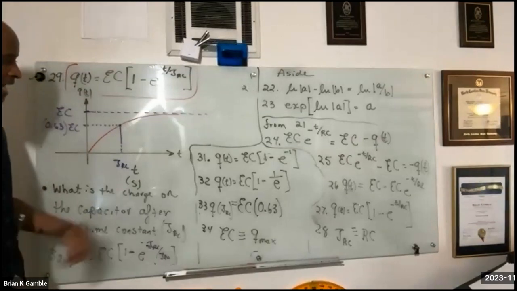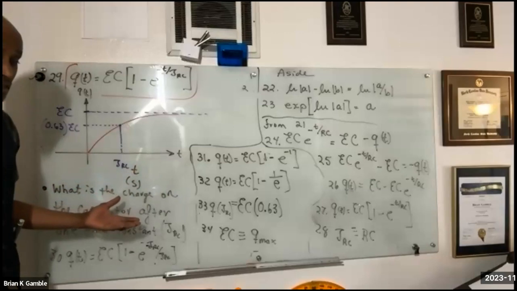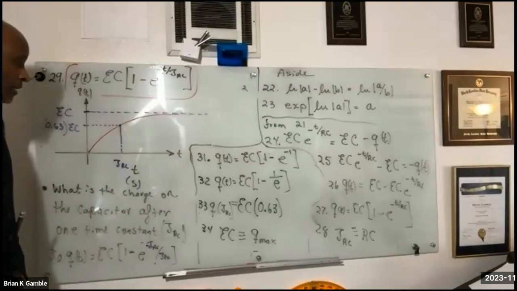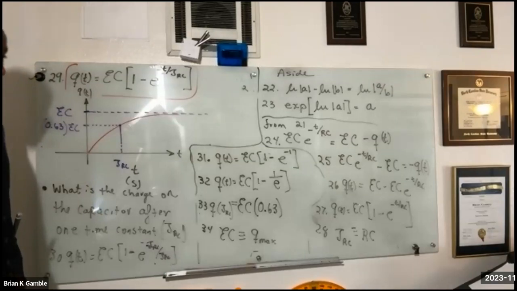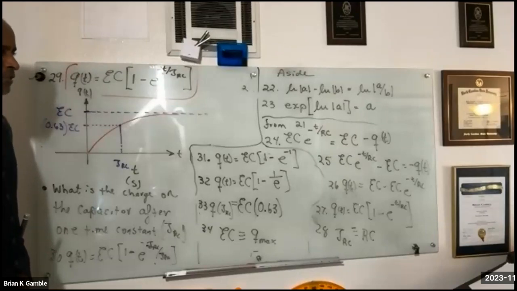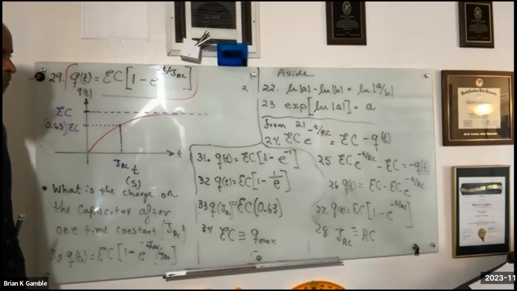I didn't give numbers here, but if I designed the capacitor's time constant to be a millisecond, that means in a tenth of a second... sorry, 9/10 of a second, so 3 times 0.3. A millisecond is, wait, what?